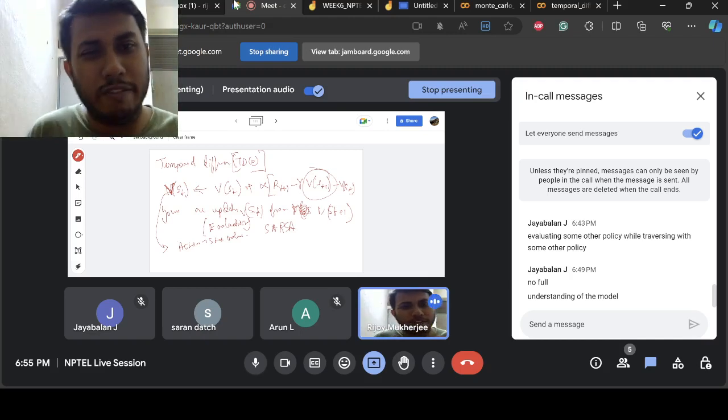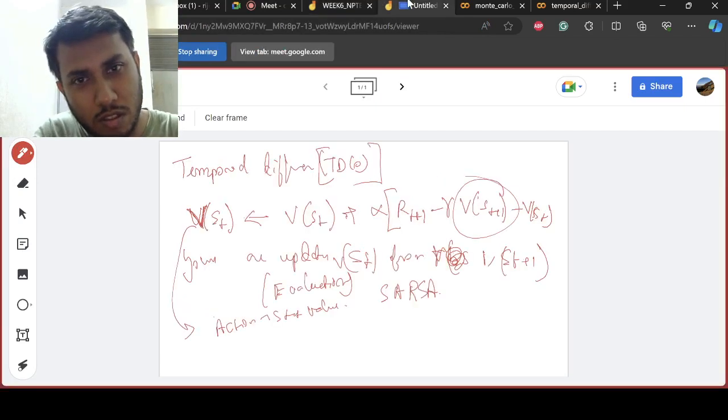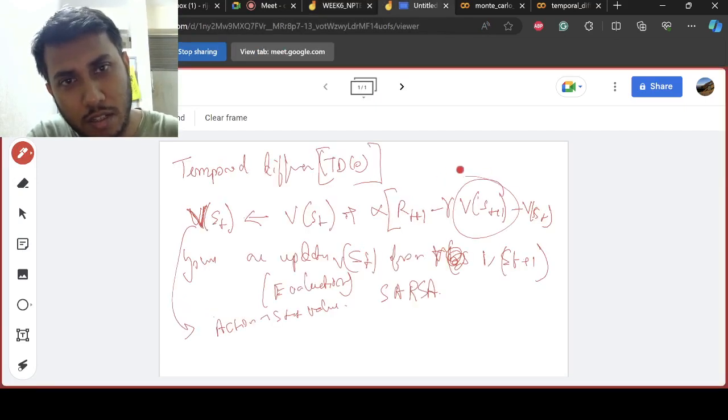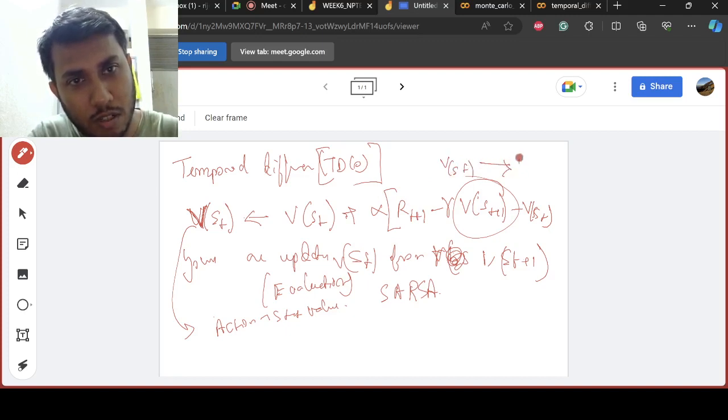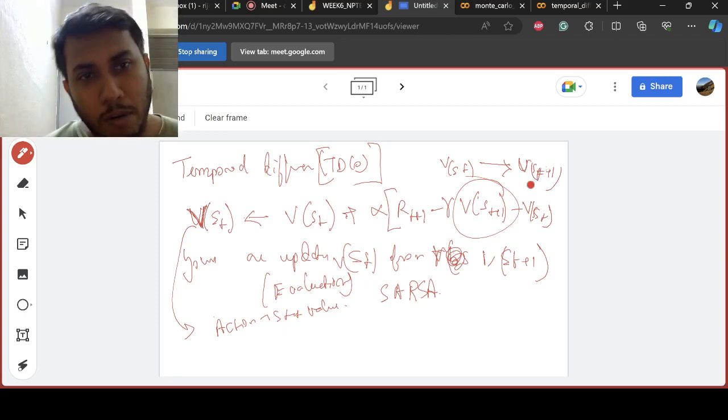There is only one quite a difference. Here V of St depends on V of St plus 1, right?